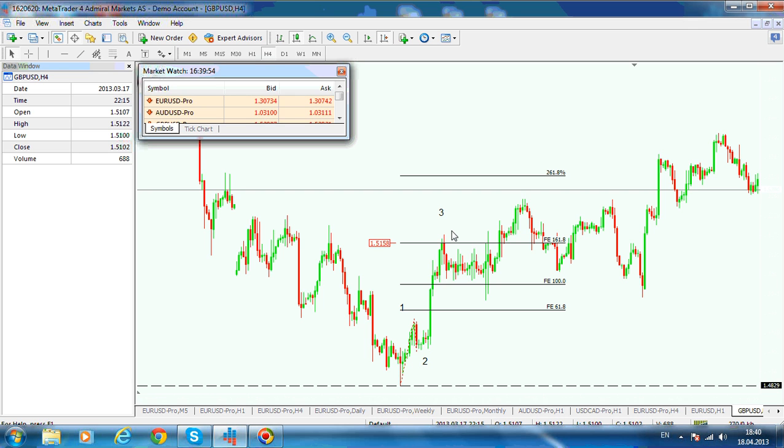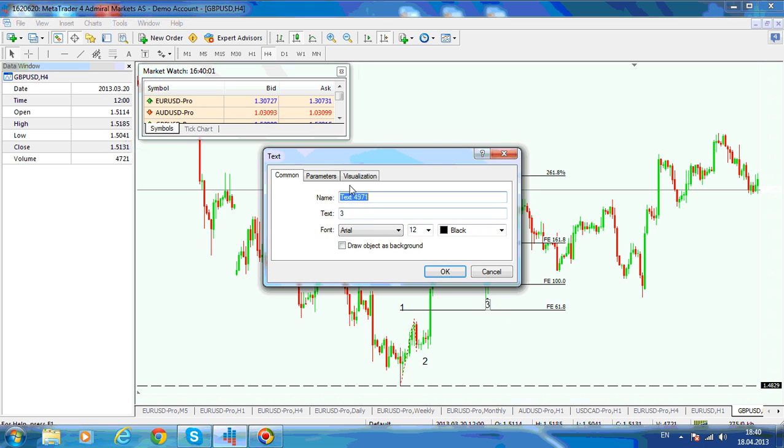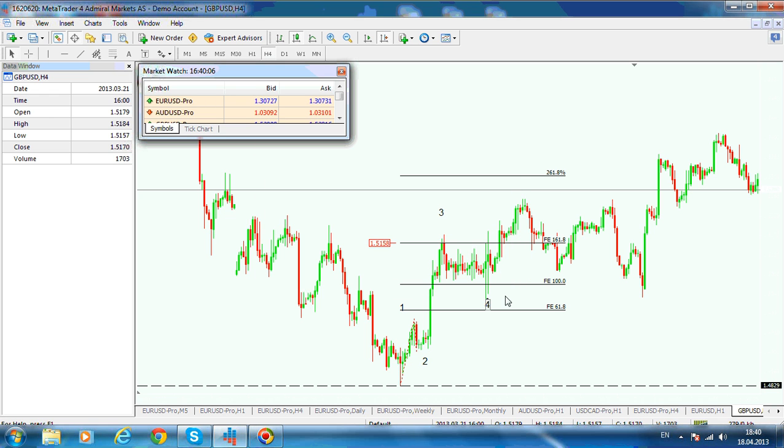Now, if this is 1, 2, 3, then you also need to know that in an impulse, the fourth wave should come like this, and the normal retracement for the fourth wave should be between 38.2 and 50% retracement, calculated by taking the low and the high of the third wave in here.